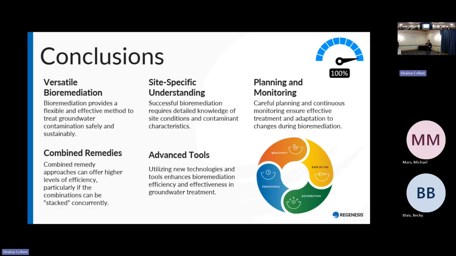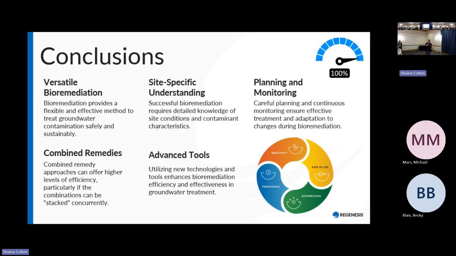When we're talking about chlorinated solvents, we're looking for the ethene, ethane, methane and things like that, showing us that yes, you've actually achieved those end products. It's not just that it's sorbed onto the activated carbon, and we can see those changes over time. That's the number one line of evidence: looking for those end products being generated over time.